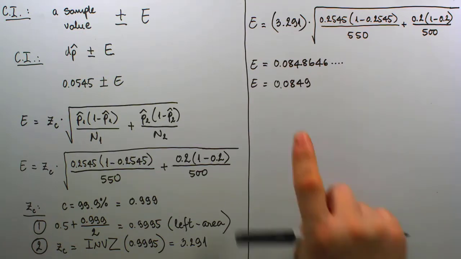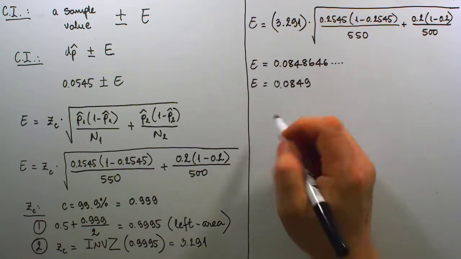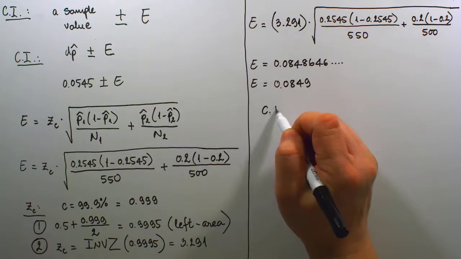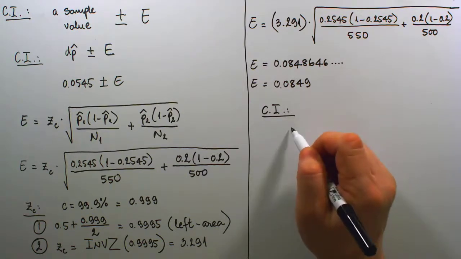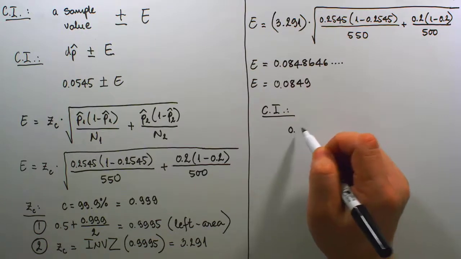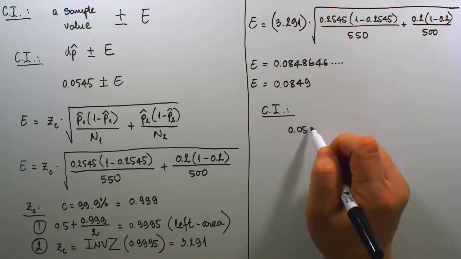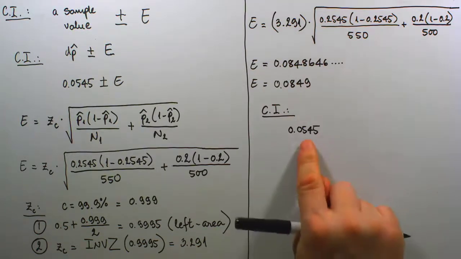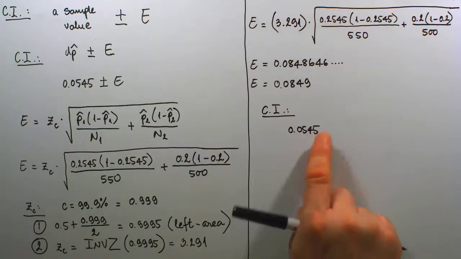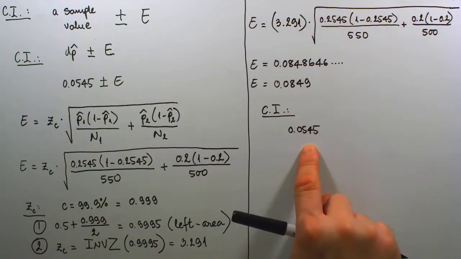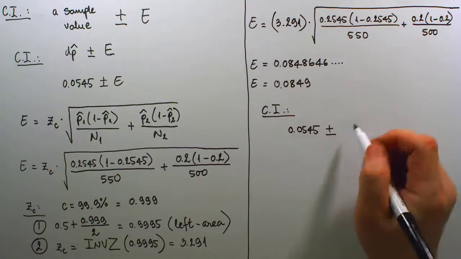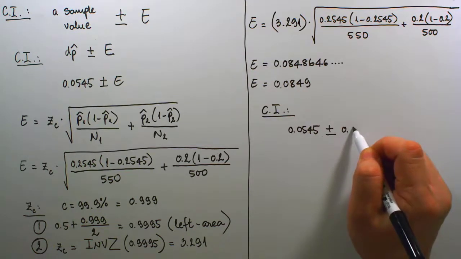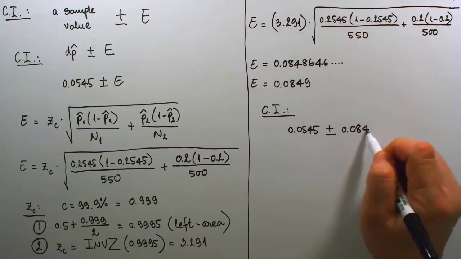So that now means our final confidence interval is ready. From 0.0545, which is our sampling difference in the 2 sample proportions, or generally our sample value right here, we are going to add and subtract 0.0849.